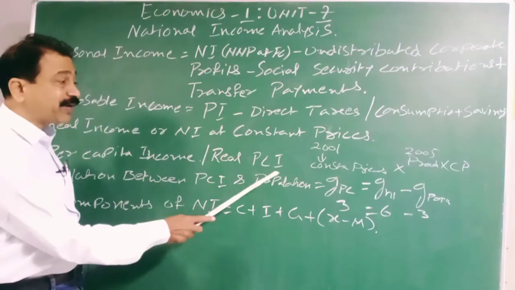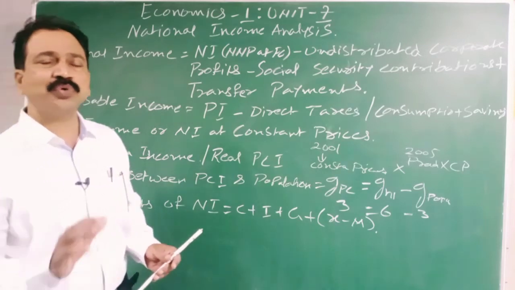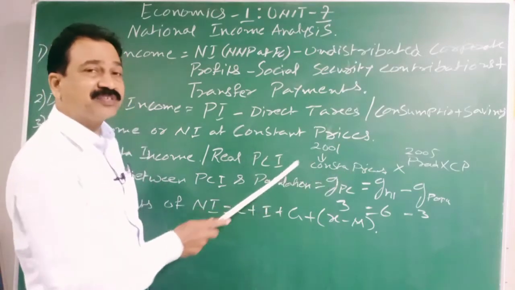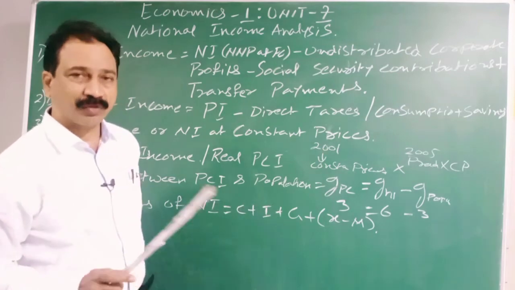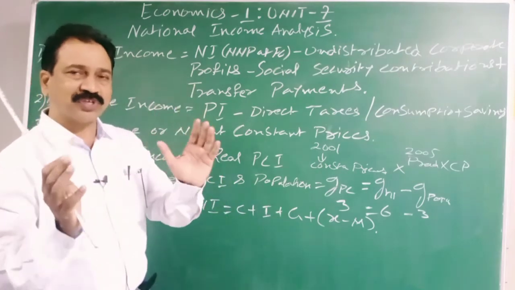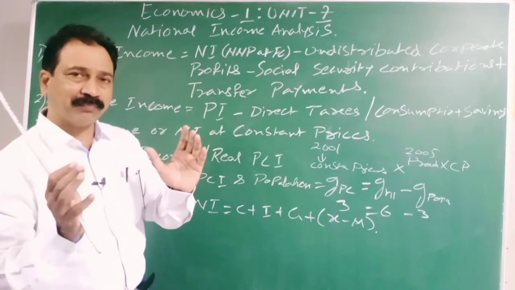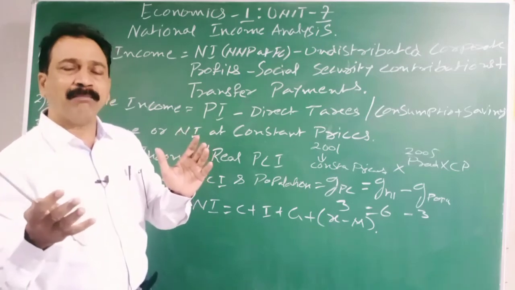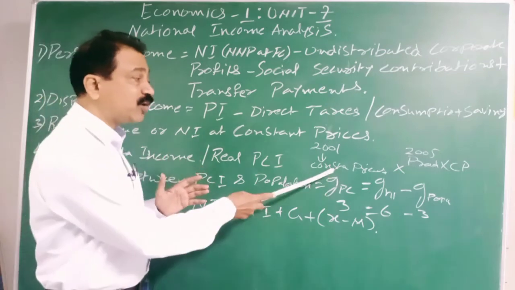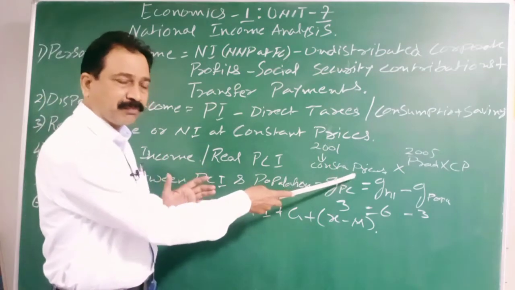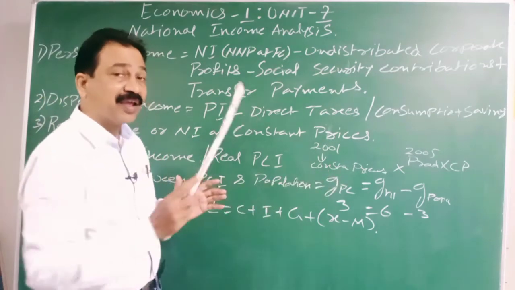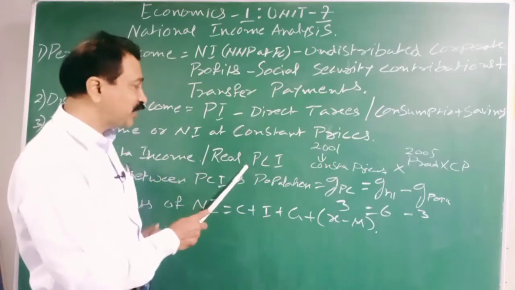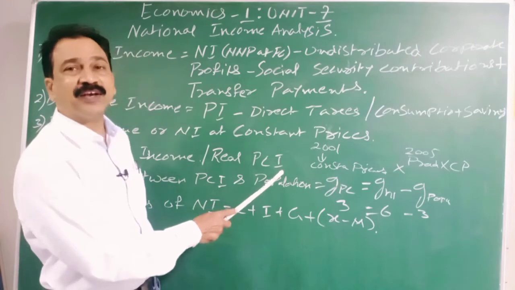Then what is real per capita income? So simple. If you calculate with constant prices the total commodities, goods and services produced in 2020, multiplied by constant prices, and divided by the 2020 population, then you will get real per capita income.